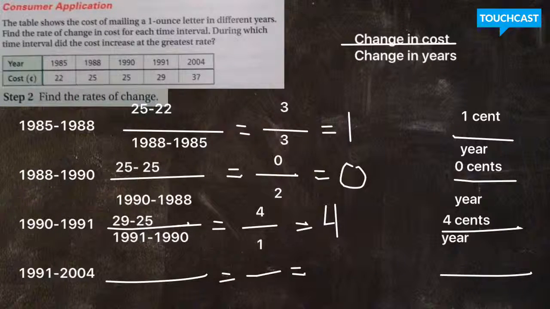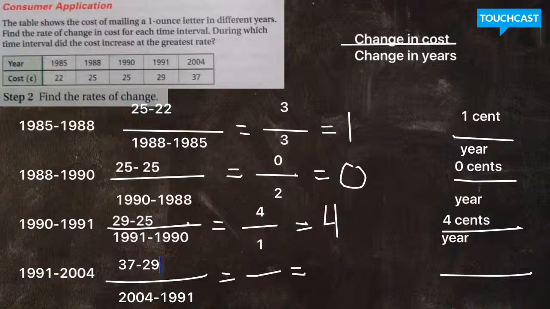All right, let's do this one more time between the years 1991 and 2004. So the cost in 2004 was 37 cents for a stamp, and in 1991 it was 29 cents. So 37 take away 29 over 2004 take away 1991.